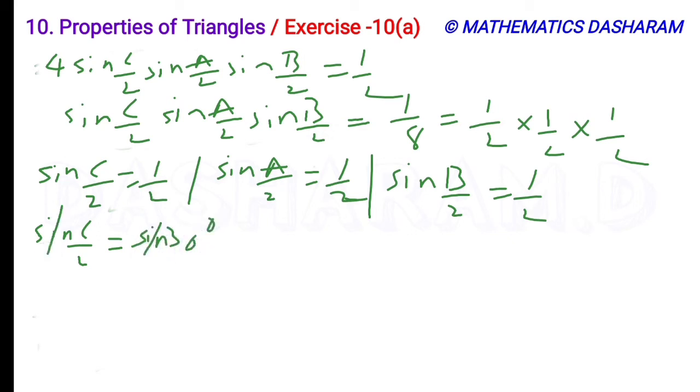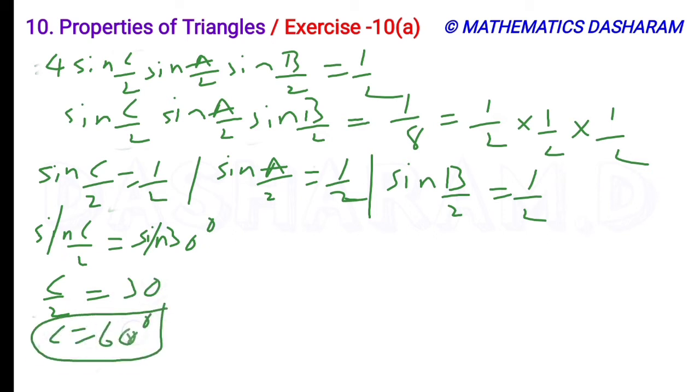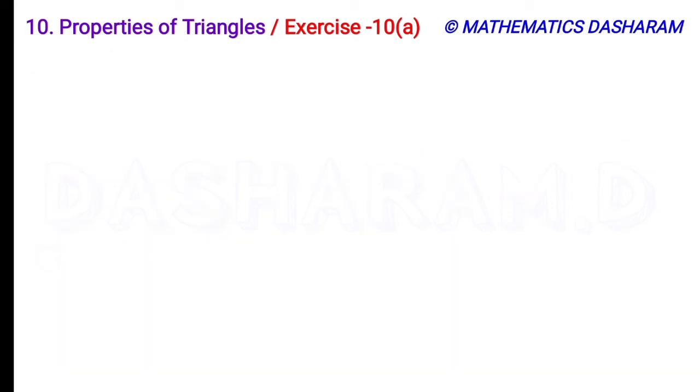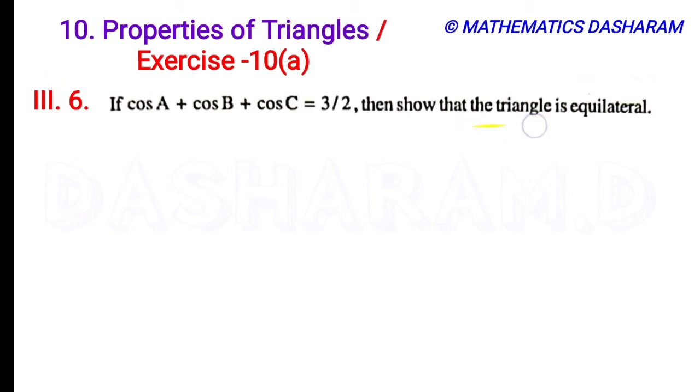So sin cancels, C/2 equals 30, C equals 60 degrees. Similarly A equals 60 and B equals 60. So each angle in the triangle is 60 degrees. Then the triangle is an equilateral triangle.